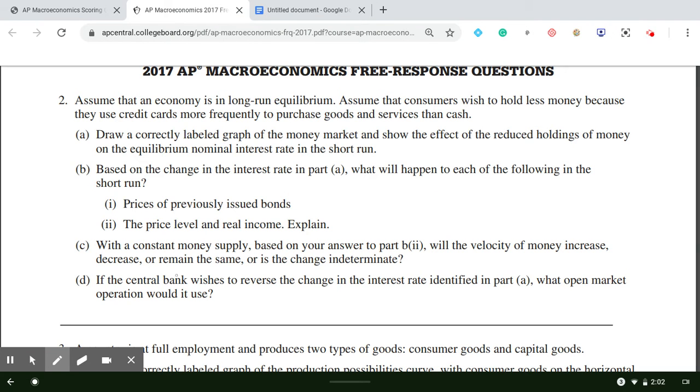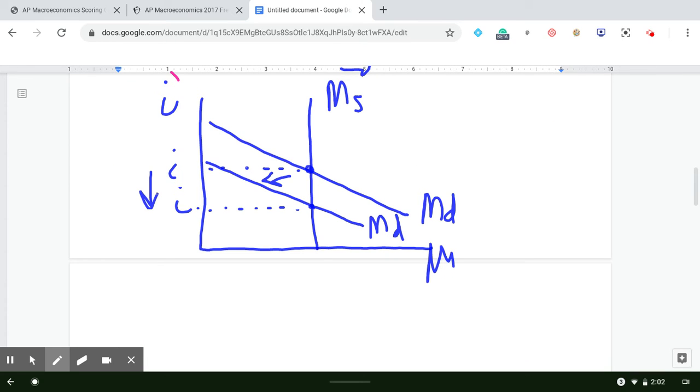It says, based on the change in the interest rate, what will happen to each of the following in the short run? Prices of previously issued bonds. Okay, so think about this real quick. Previously issued bonds would have been more tied to this interest rate right here, the higher interest rate. So newer bonds will have a lower interest rate.